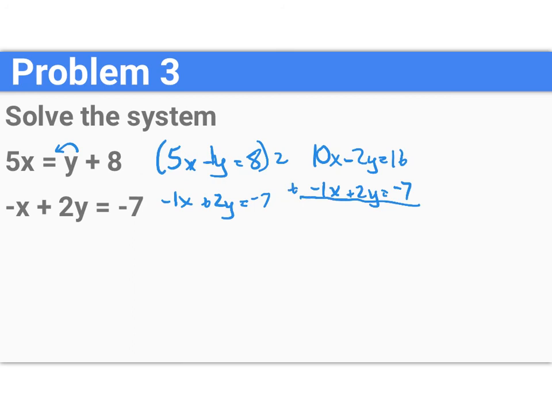And so now we add. 10 plus negative 1 is 9x. Negative 2 plus 2 is 0. And 16 plus negative 7 is 9. Divide by 9, divide by 9, x equals 1. Okay, so now what do we do? We substitute 1 into both equations.